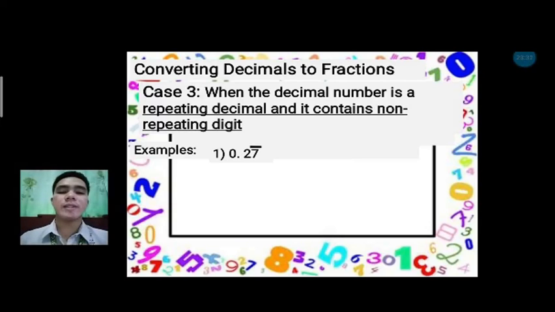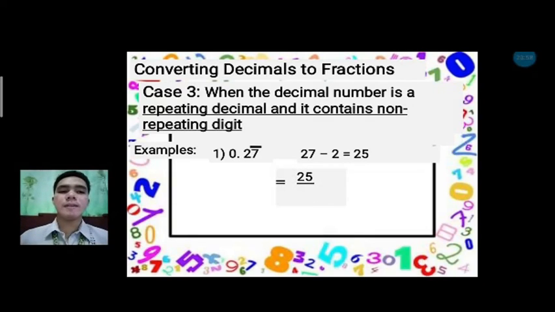So we have 27. Then subtract the non-repeating digit. What is the non-repeating digit? 2. So 27 minus 2 is 25. Now, the result will be your numerator. We have 25 as the numerator.